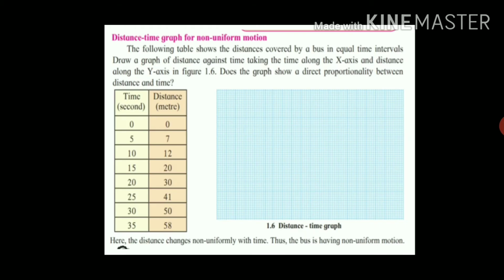Similarly, in the next example, the distance time graph for non-uniform motion.